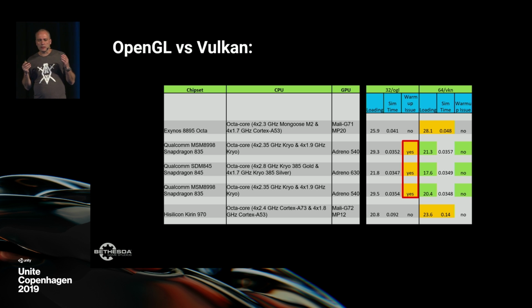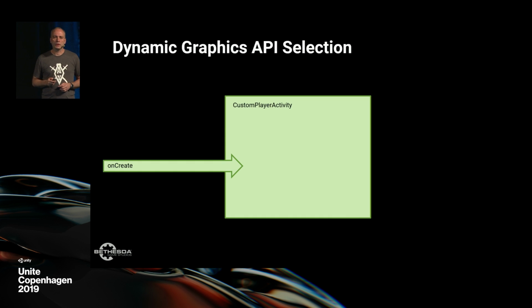We had a conversation with our partners at Unity, and one thing that they suggested, and we ended up implementing, is trying to do dynamic graphics API selection on launch. The way it works is that we had to build a custom player activity in Java, and that is the one that actually receives all the callbacks when the game starts, and it forwards them over to Unity's own player activity.